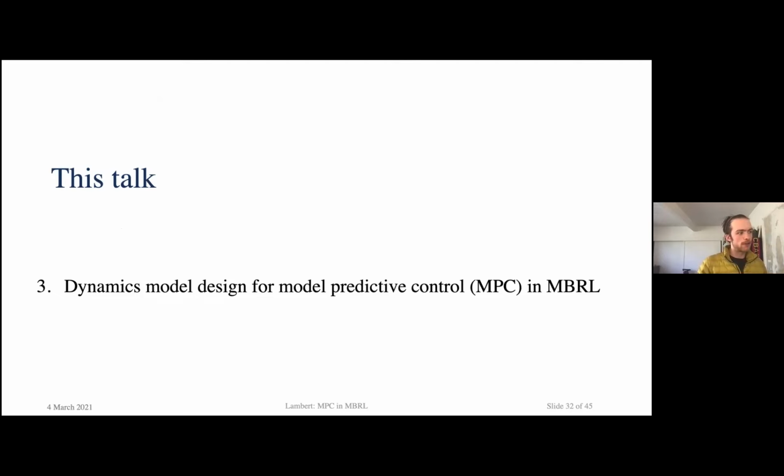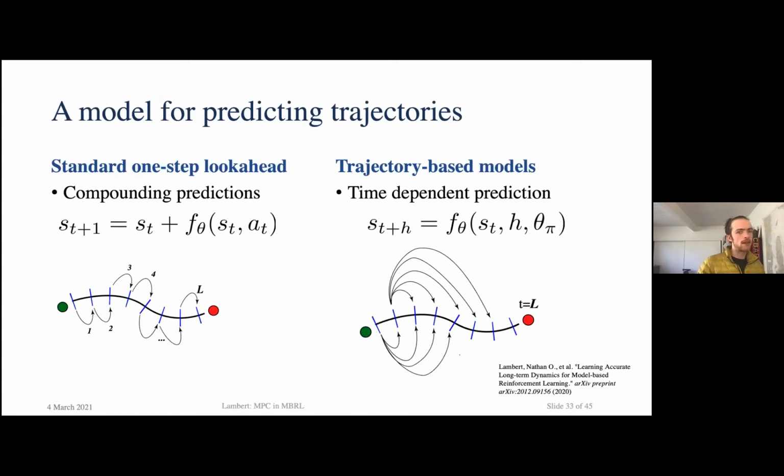So onto this model for predicting trajectories. And to start, what might this look like? The crucial starting point when you're designing these systems is: where are we working? We're working in this Markov decision process where we have discrete steps based on states and actions. On the left is the standard one-step look ahead where you're predicting a change in state, often called a delta formulation.